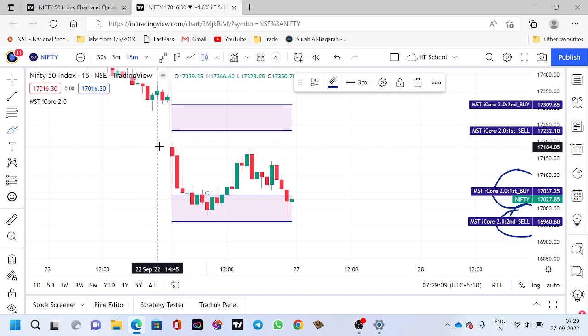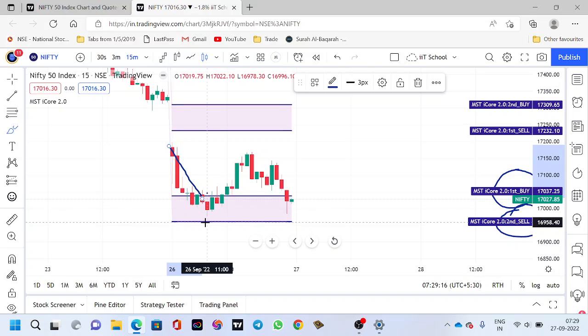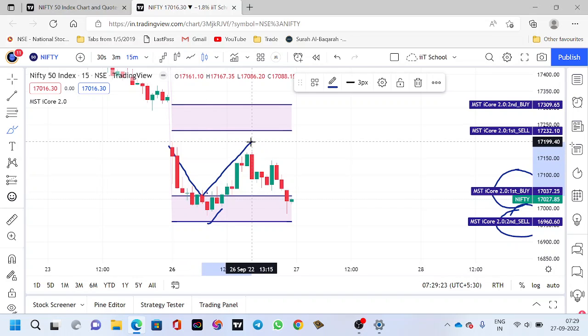When the market has come down to this position, which means our buy has been activated, the bottom second line, that is the second sell, will be the stop loss, and immediately the market has to reverse and it will give the target. If it is not reversing after the buy entry, it has to go back.